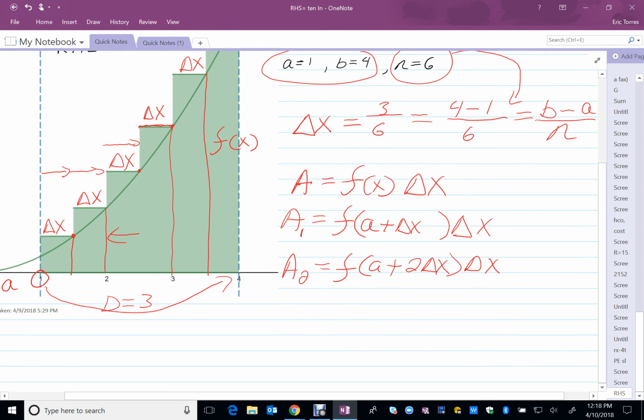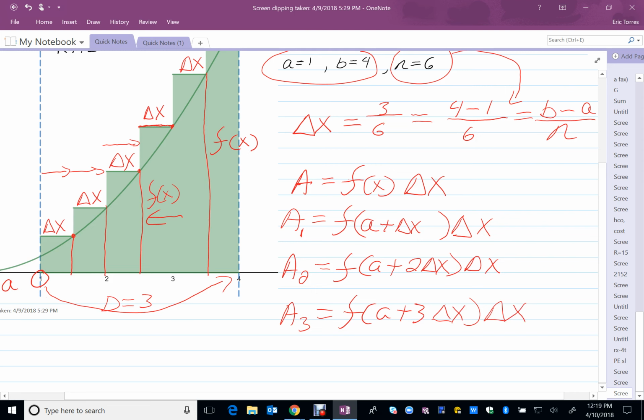And the third rectangle, again, I'm going to have moved over a total of 3 of those delta x's. To find its height, then, that's an ugly looking delta, sorry about that. And again, times its width, so its height times its width.